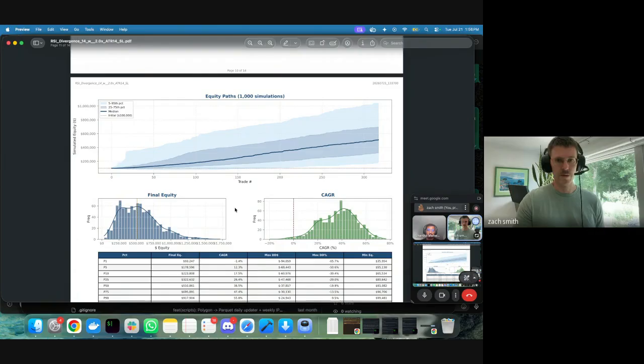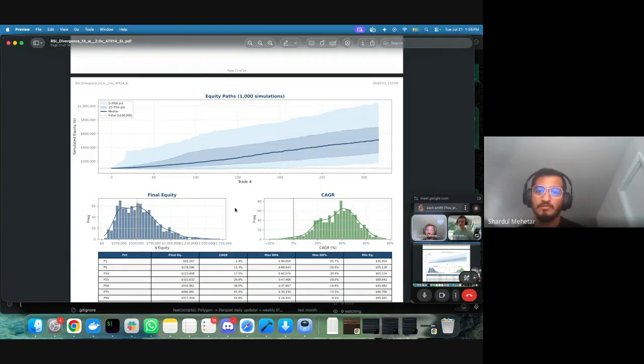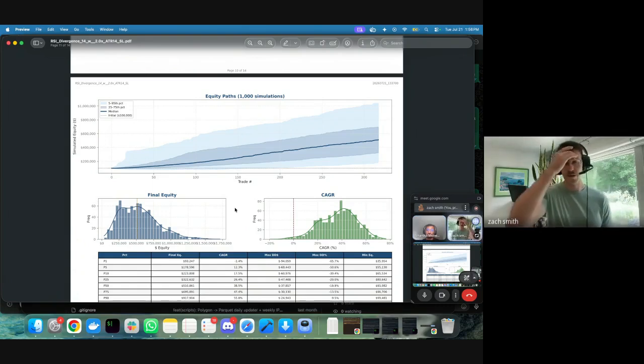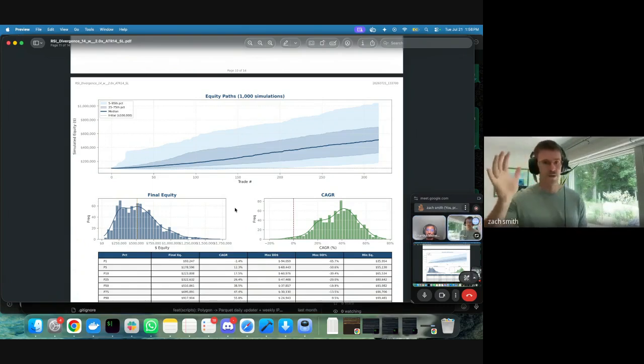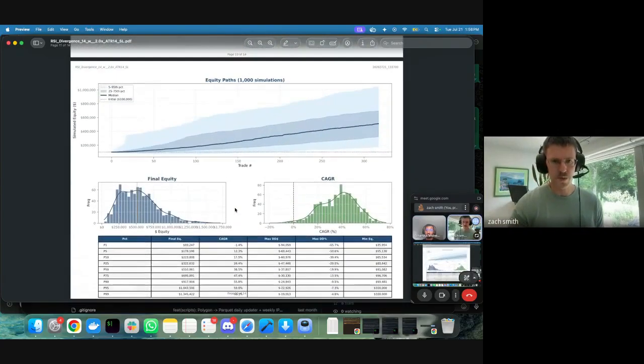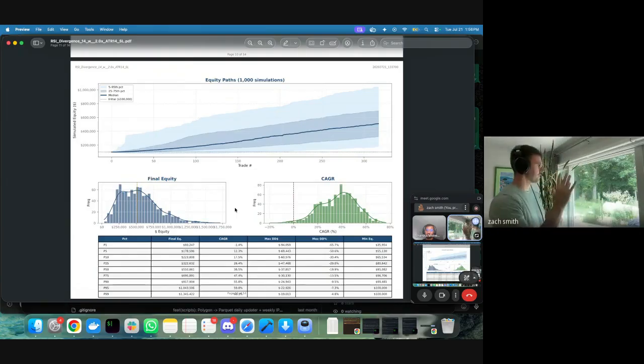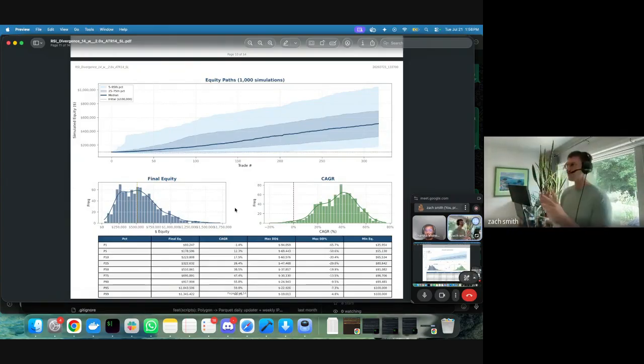Okay. Equity path. So this is Monte Carlo, right? I guess Monte Carlo is the most important page in the whole PDF. Monte Carlo is a big thing in backtesters. And Monte Carlo basically, and correct me if I'm wrong, Shardul, it takes your trades and shuffles them around into multiple simulations to really break your strategy and determine, did your strategy just get lucky?